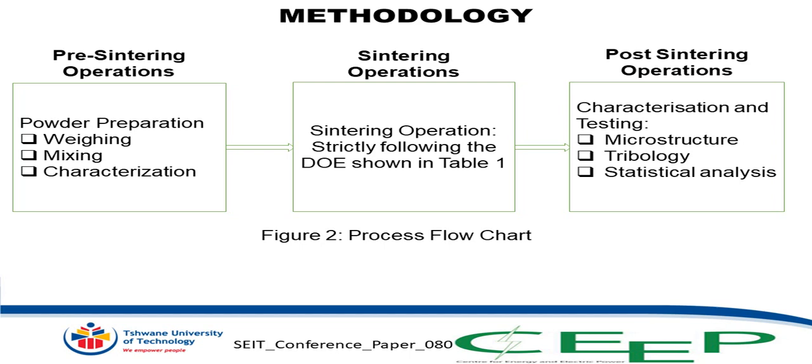In sintering operation, it involved sintering of the powder material, following strictly the design of experiment that is shown in table 1. In post-sintering operation, activities involved microstructural characterization, tribology testing, and statistical analysis of the tribological result.